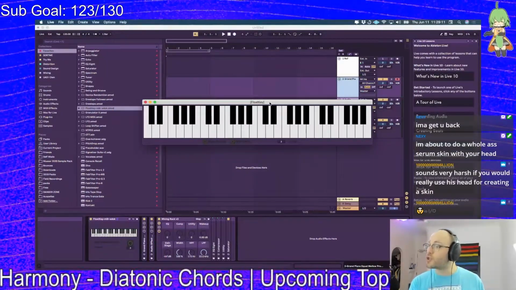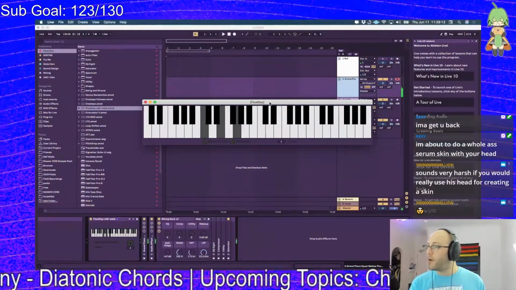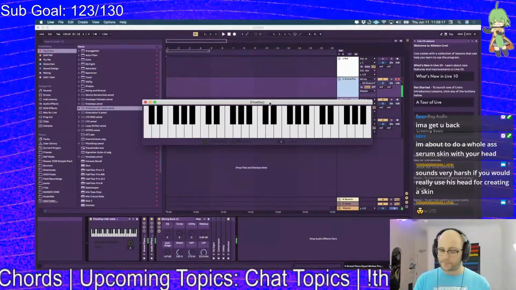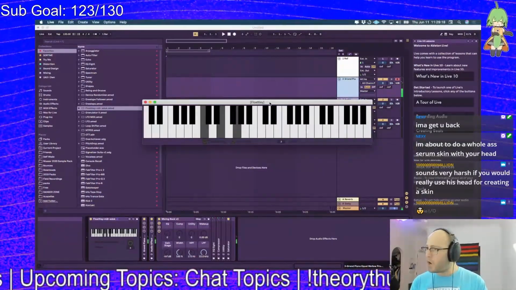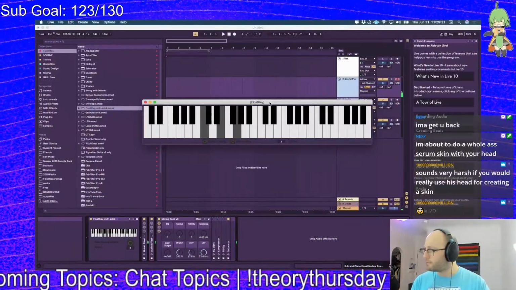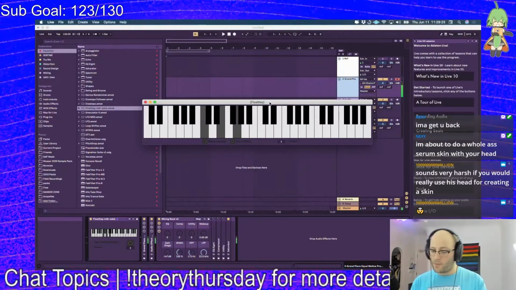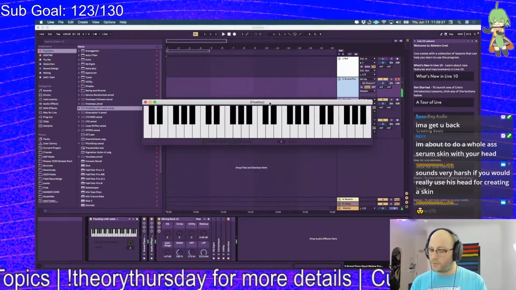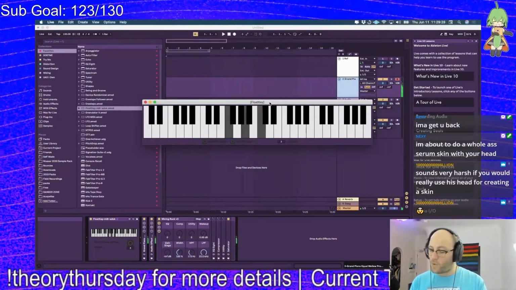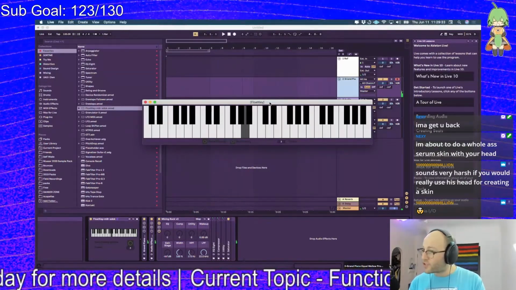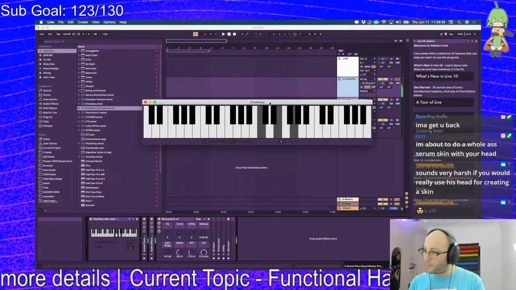Stacking 2 thirds on top of each other gets you a triad. And there are 7 triads, like I just mentioned, in C major or A minor. Your 1, 2, 3, 4, 5, 6, 7, and your 1.